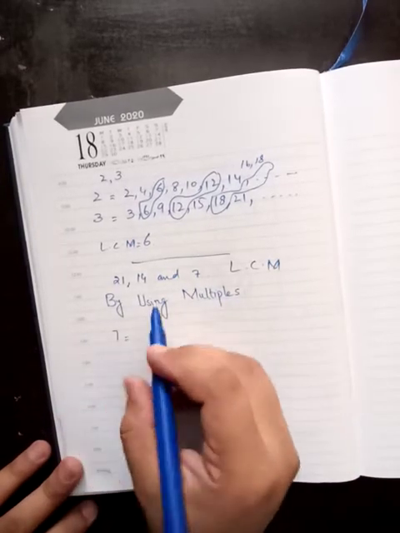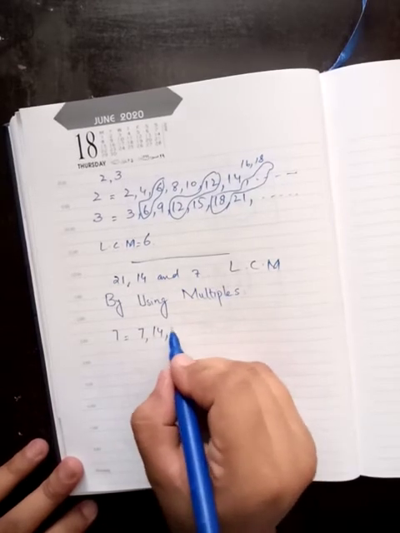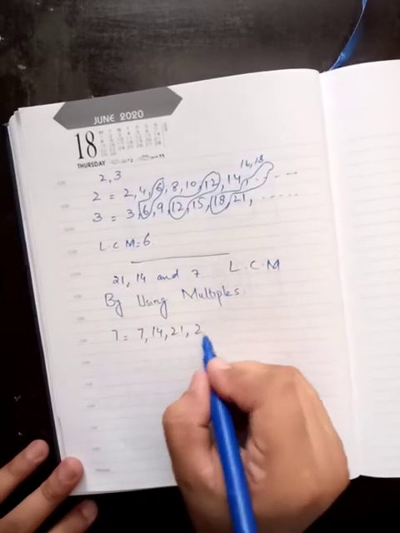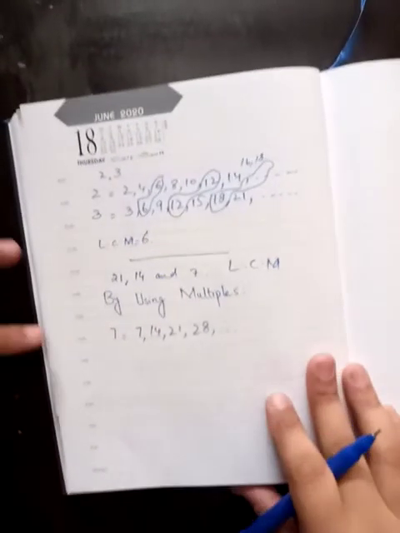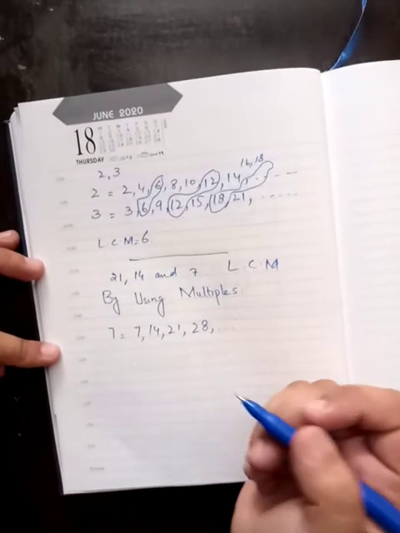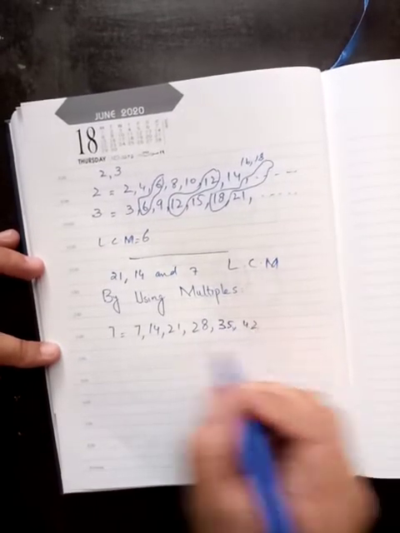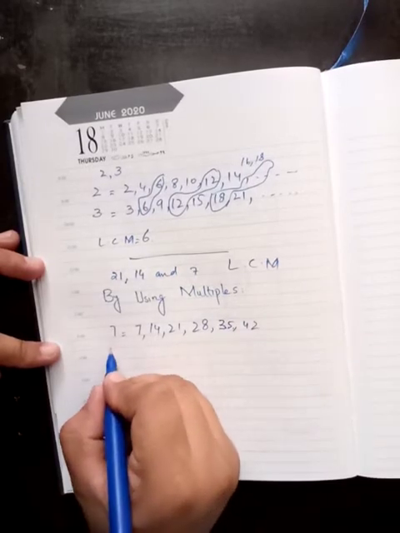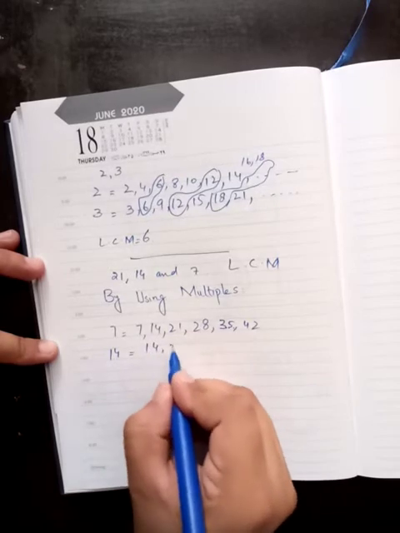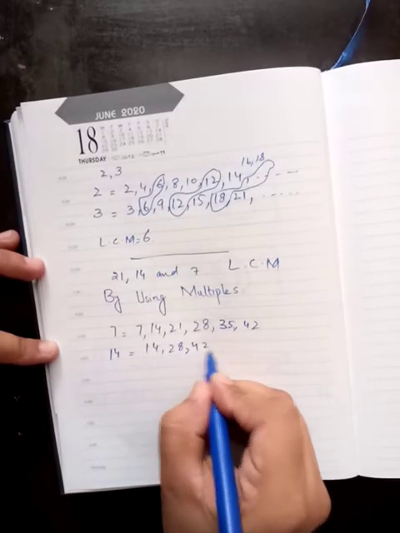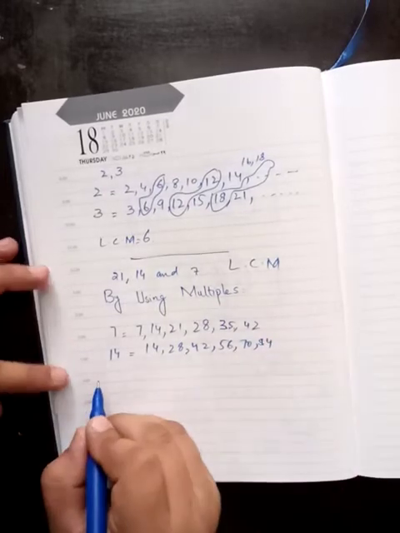Multiples of 7. 7 ones are 7, 7 twos are 14, 21, 28, 35 and 42. Multiples of 14: 14, 28, 42, 56, 70, 84.